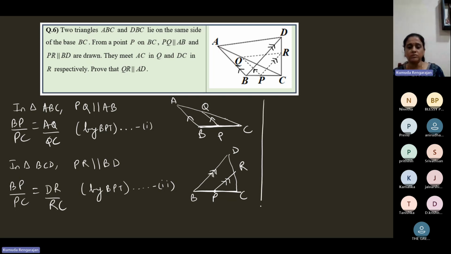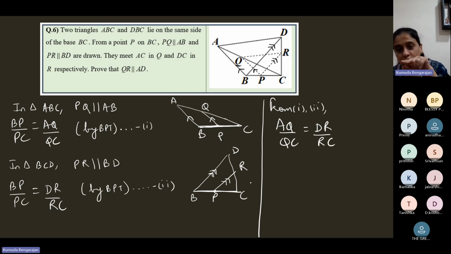Now from 1 and 2, AQ by QC is equal to DR by RC, which is a triangle. AQ, QC, DR, RC is in triangle ACD.